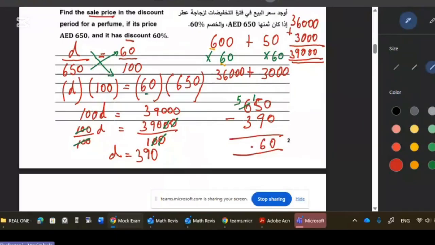And 5 minus 3 will give us 2. Therefore, the sale price for this perfume now is 260. I hope that makes sense. So remember, there will be no calculators. So that's why I'm showing you all these little steps, which are very important.